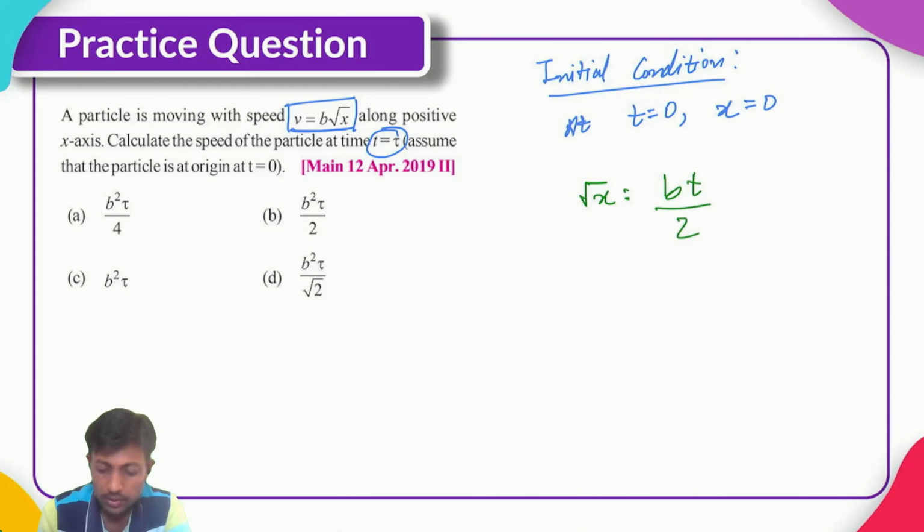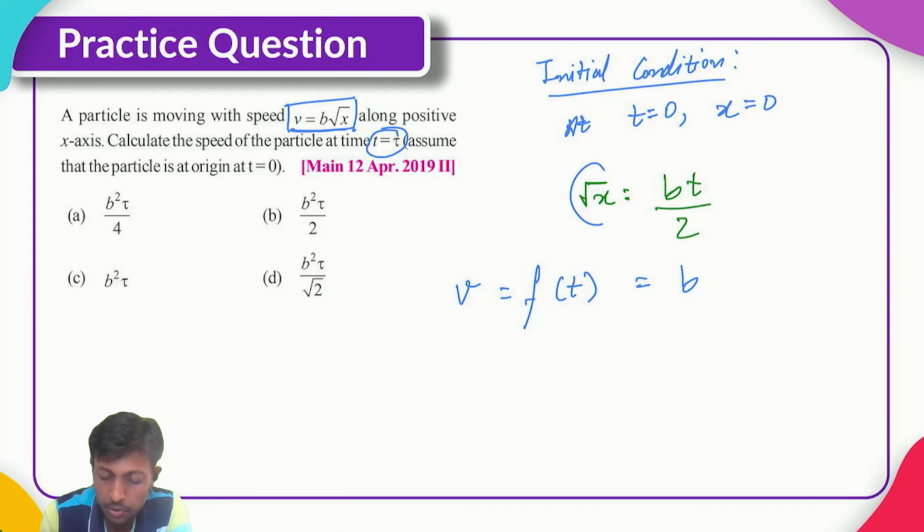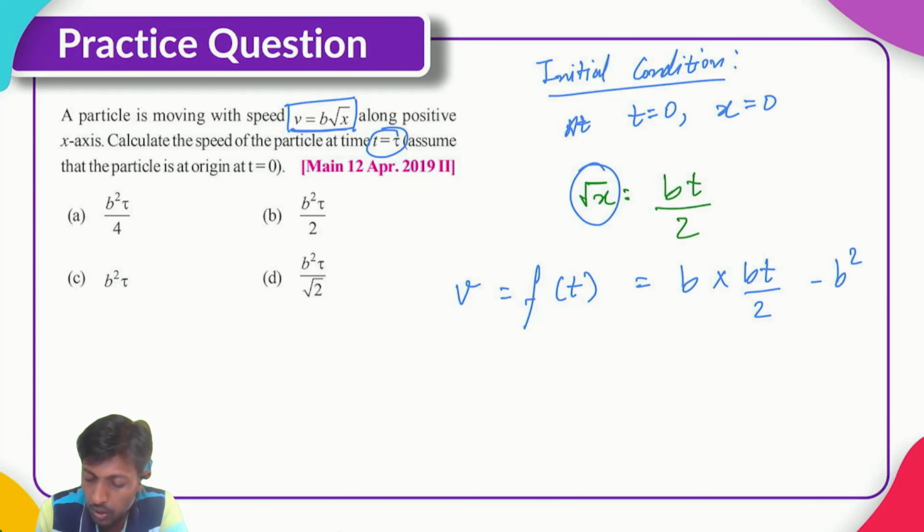So can we write velocity as a function of time? We can. Initially velocity was given as b times root x, but root x is this, so instead of root x, I'll write this. So what I'll get is b square t by 2.